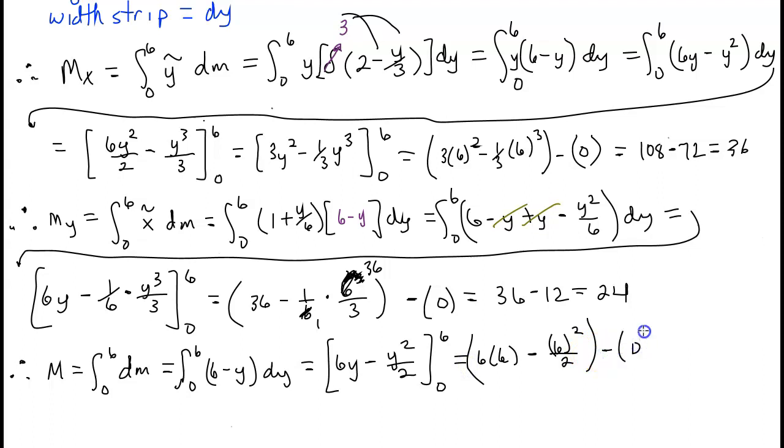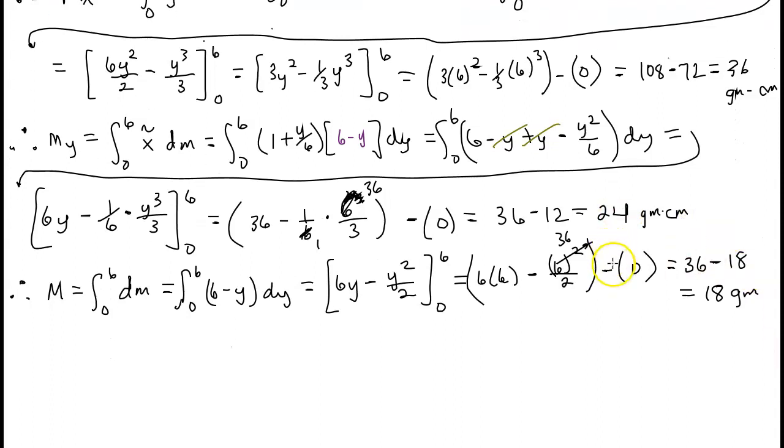And then minus, whenever we plug in 0, it's going to be 0 for everything. And we'll have 36 minus 6 squared is 36. 36 divided by 2 is 18. And we see that we still end up getting 18. Okay. And again, this is in grams. And these other two here are gram centimeter and gram centimeter.